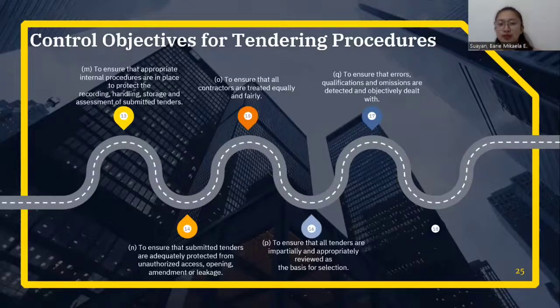To ensure the errors, qualifications, and omissions are detected and objectively dealt with. One of the essential objectives is to detect the errors, qualifications, and omissions and deal with them objectively. Last but not the least, to most conducive to a favorable outcome should be tender for it to authorize for the selection.